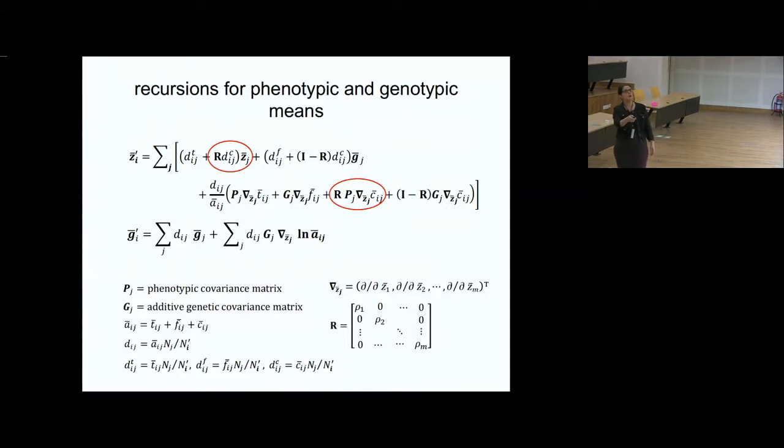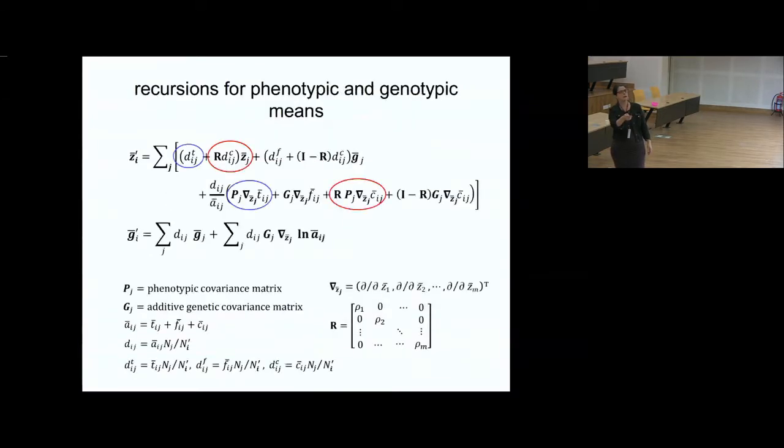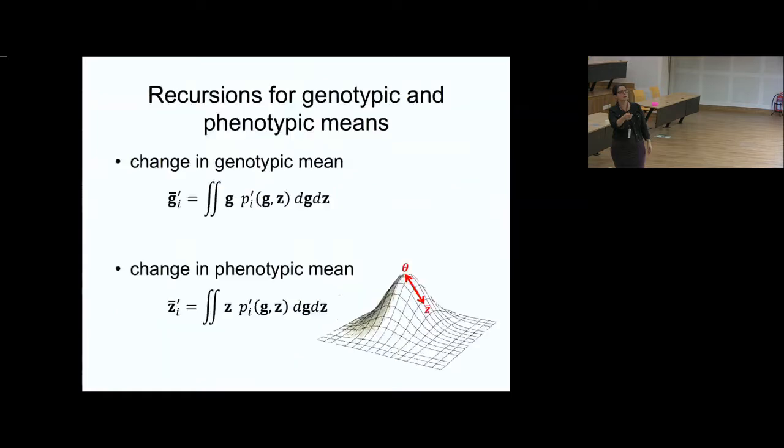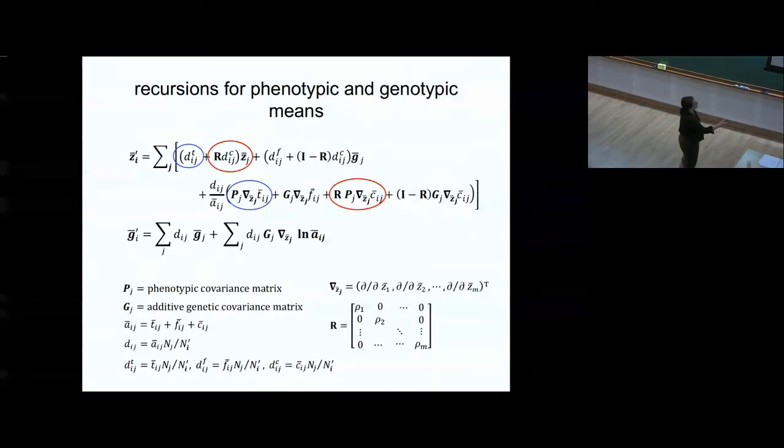And notice that we similarly have terms for the transitions. Remember the transitions where I said the transition just carries its phenotype with it? We have these transition terms that are also multiplied by just mean phenotype or the variance in phenotype.